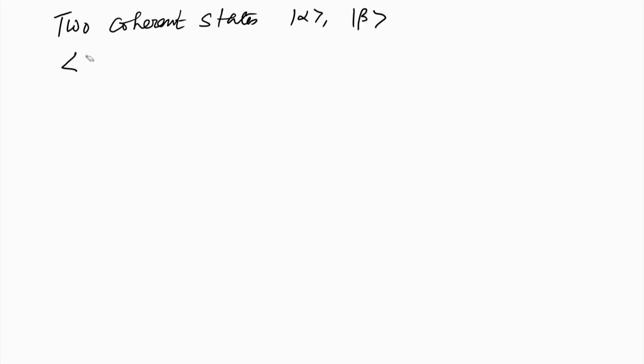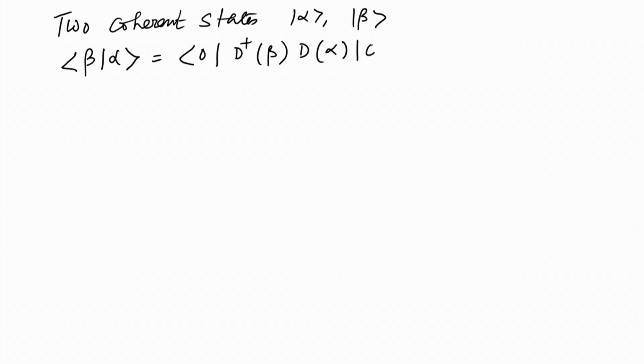I am just writing it as beta alpha, which by definition is 0 D dagger beta D alpha 0. The zeros are the vacuum states, and D dagger beta and D alpha are basically the translation operators that we have learnt earlier.